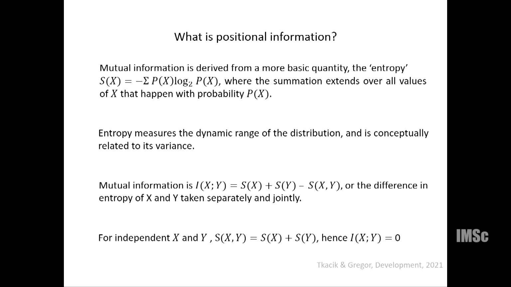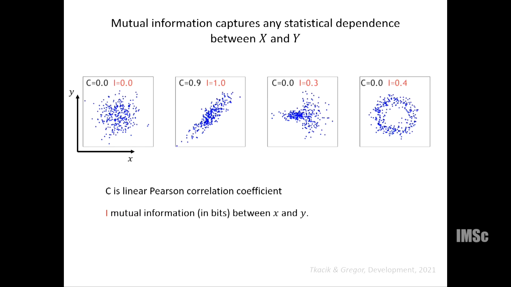And just again, why this is more general than, let's say, the concept of the Pearson correlation coefficient, C. Maybe you have seen such kind of plots on Wikipedia if you Google Pearson correlation coefficient. Pearson correlation coefficient just gets the linear relation, but mutual information gets you much richer statistical dependence, non-linear.